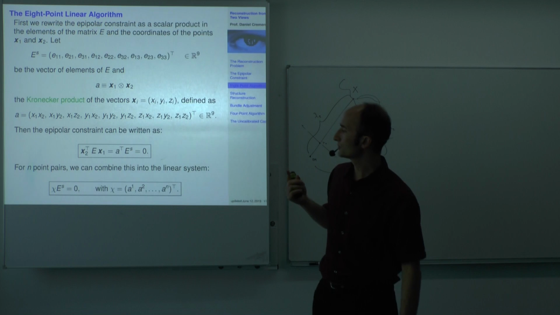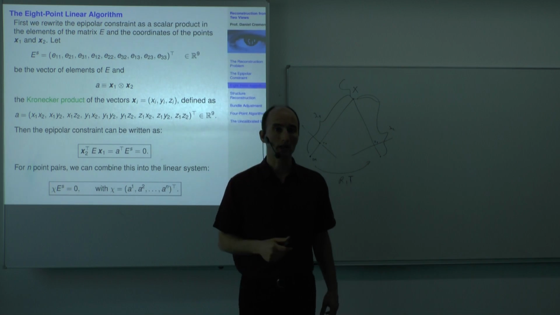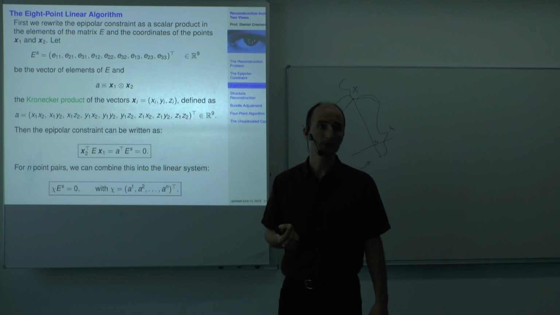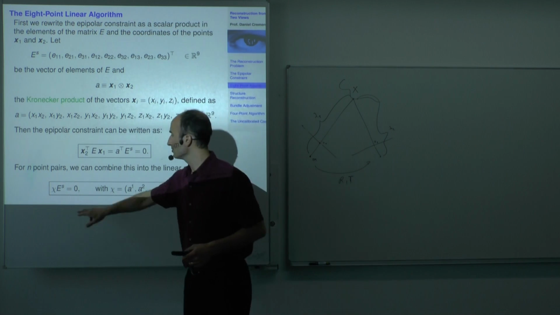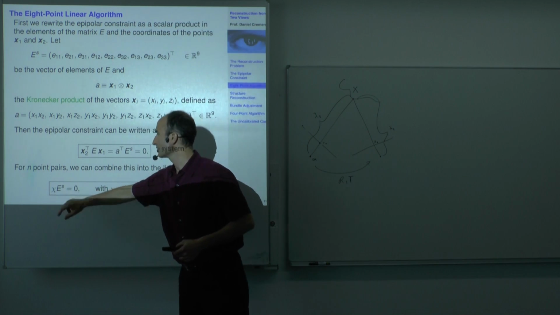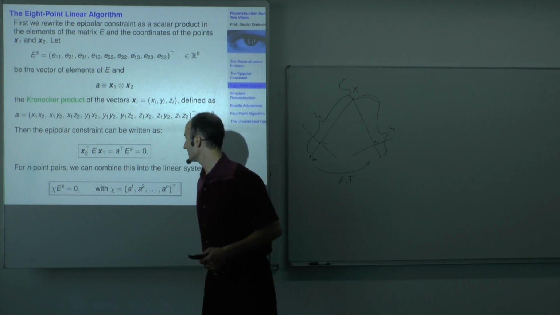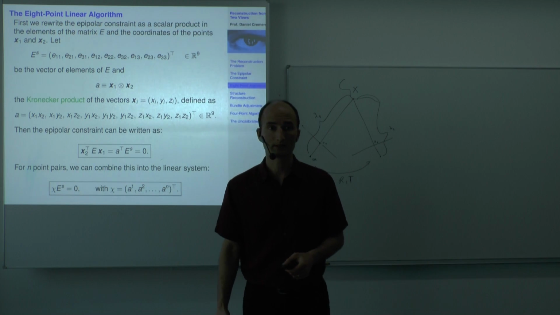That clearly fulfills this equation. But we don't just want 0 as a solution. We want a one-dimensional null space to have a unique solution, unique up to scaling. And that we can do by imposing the null space should be one-dimensional. That means this 9 by n matrix chi should have rank 8.